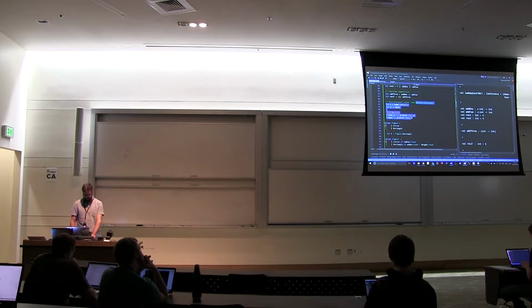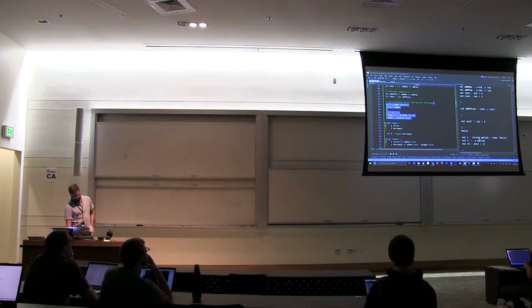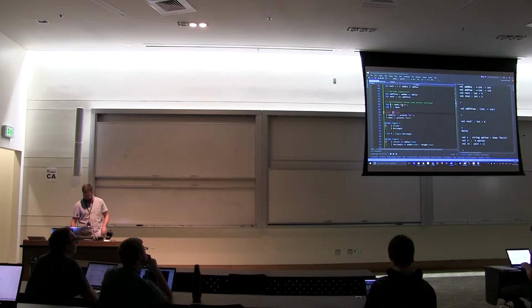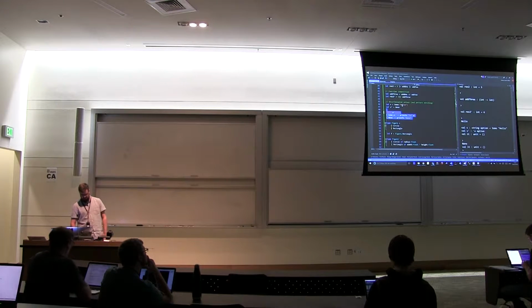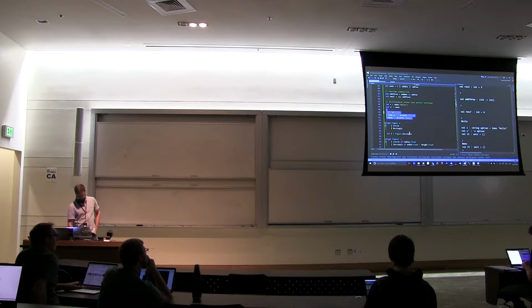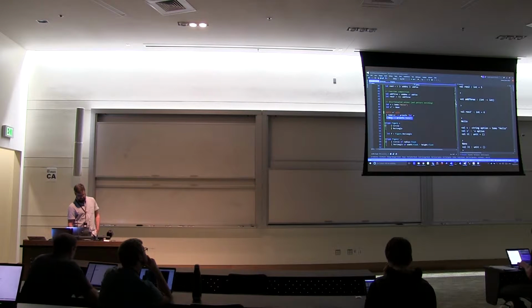If we execute this code, you can see that we're printing hello because S is some. If we apply the same code to the none one, we are going to print none because we are in this path.